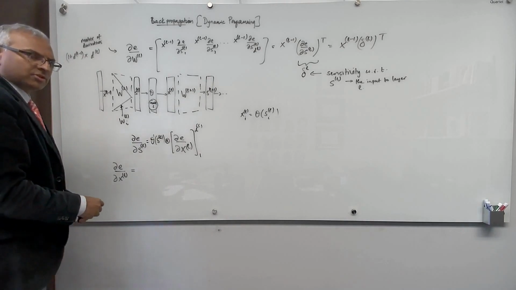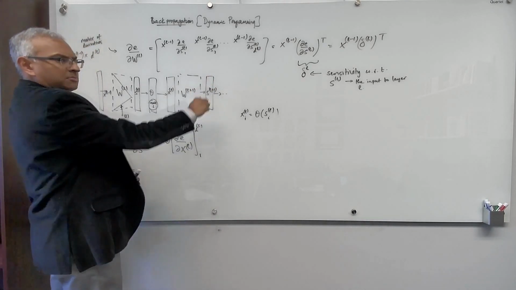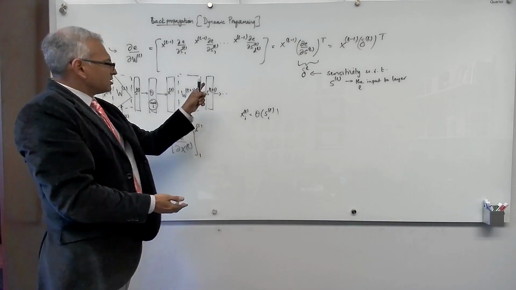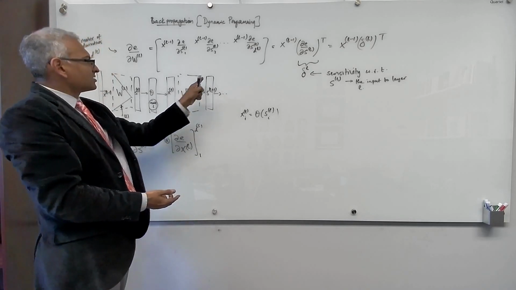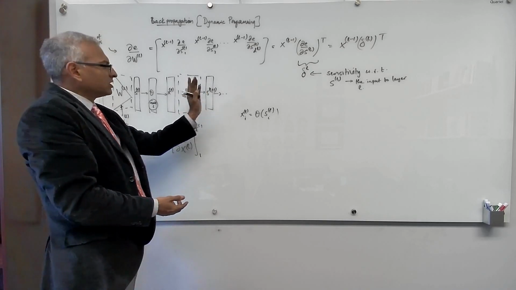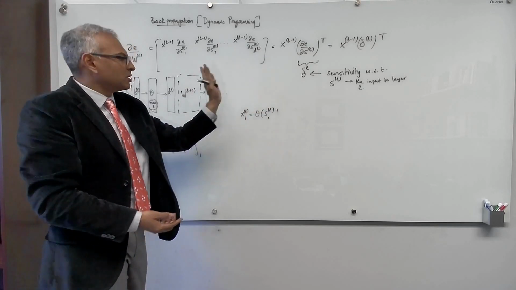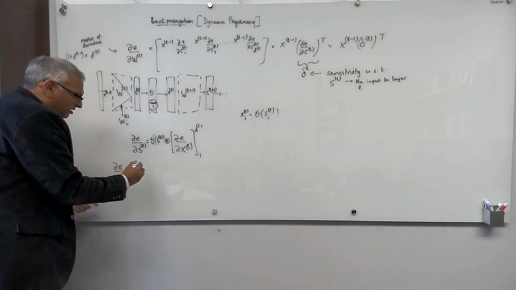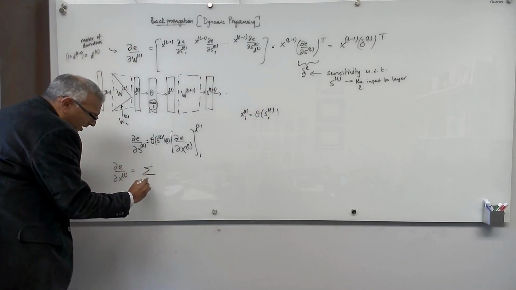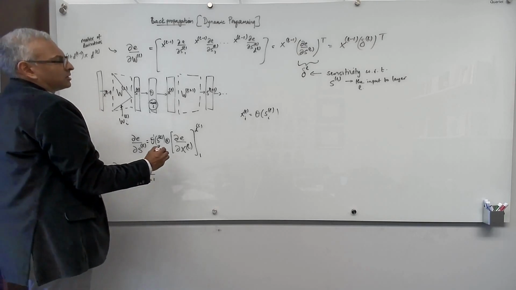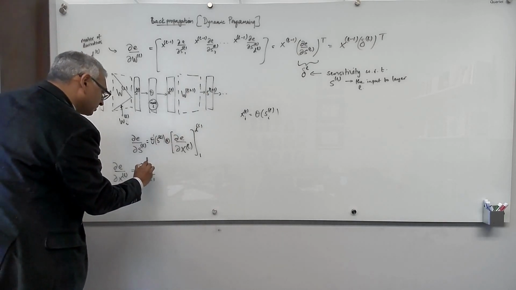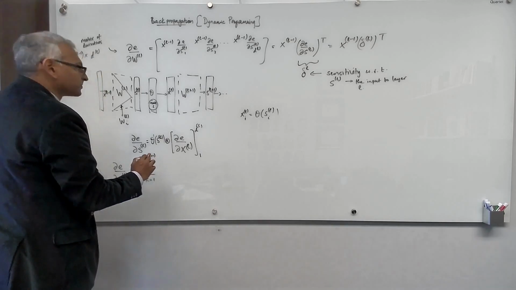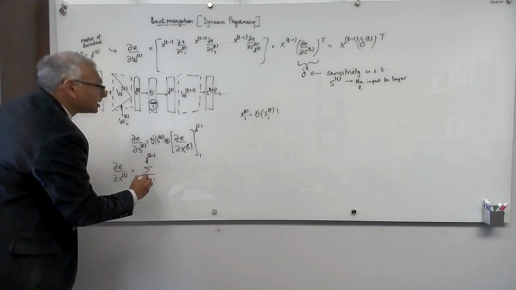So by the chain rule, there are many inputs here, so I have to sum over the effects that X has on all of these inputs, together with the sensitivity of the error with respect to those inputs. So this is the sum over K equals 1 to D L plus 1, the number of inputs here.